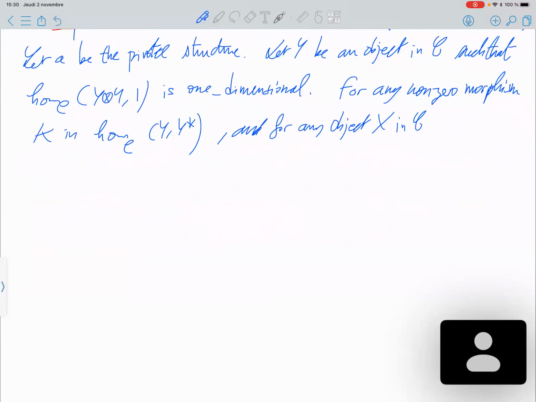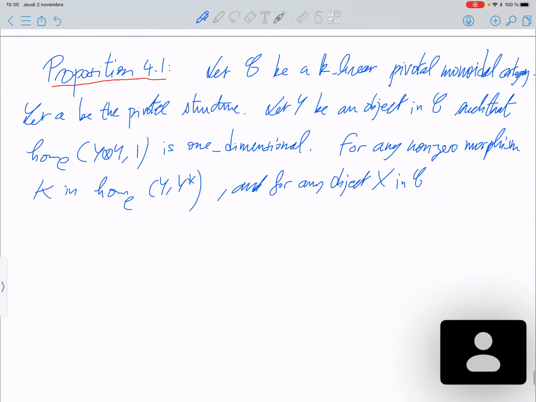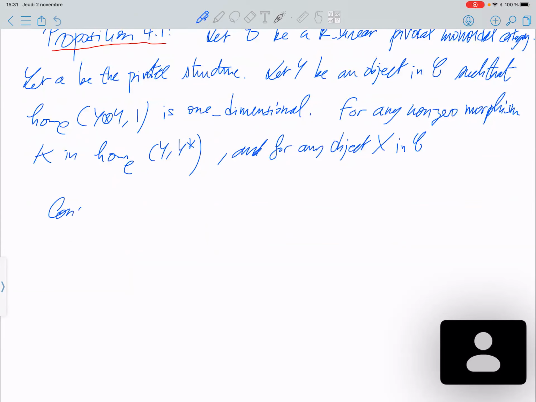Here we don't need to specify that End of 1 is equal to the field itself. We don't need to assume that.